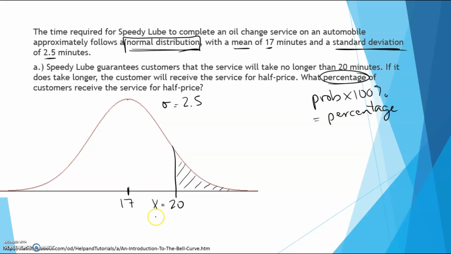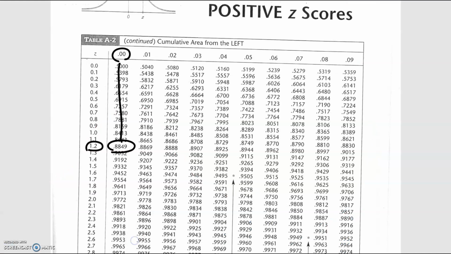So the first thing that we need to do is find the z-score for this point right here. So this will be 20 minus 17 over 2.5. That's going to give me a positive z-value of 1.20. Okay, then I go to my table. There's 1.20.